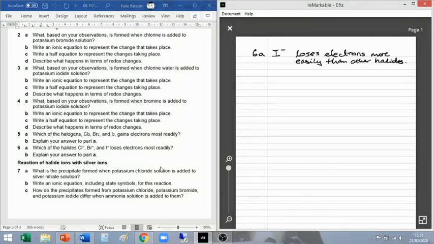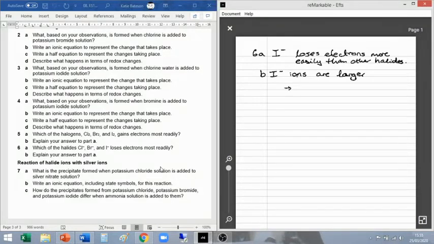So B, explain your answer. So in question 5, we talked about the chlorine atoms being smaller. Well, let's use that but the other way around. So in this case, iodide ions are larger than the other halide ions. Why is that?